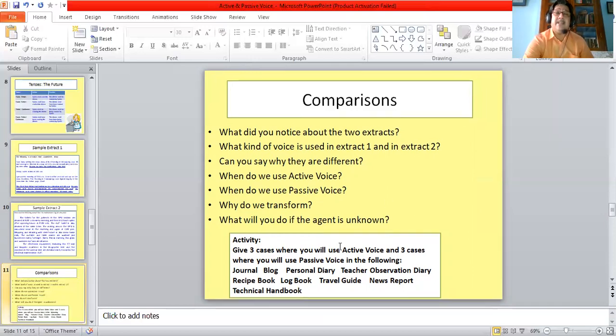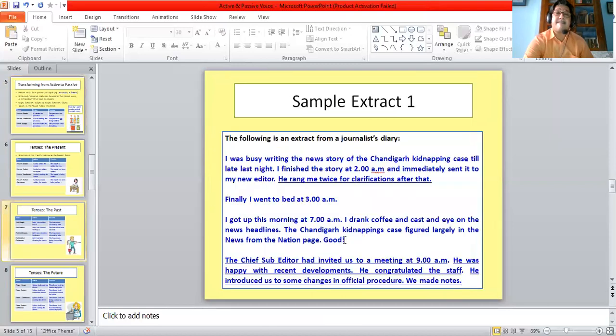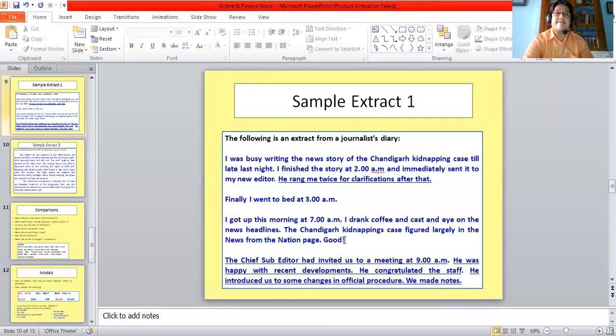Let me go back to the extract. Yes, the actions of the journalist as they are taking place: in the night, he is writing till 2 a.m. late at night, answering questions from the editor, finally going to bed late at night, again early morning looking at the news headlines, then meeting.